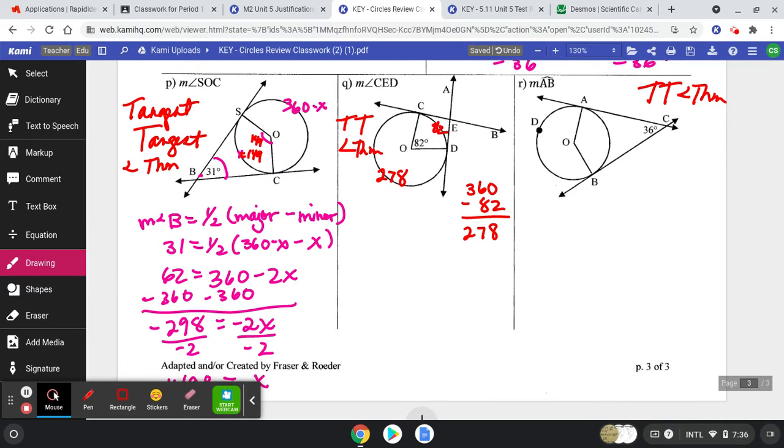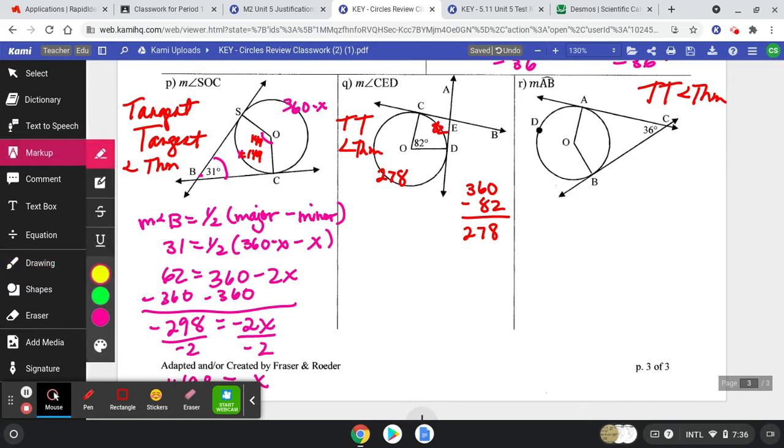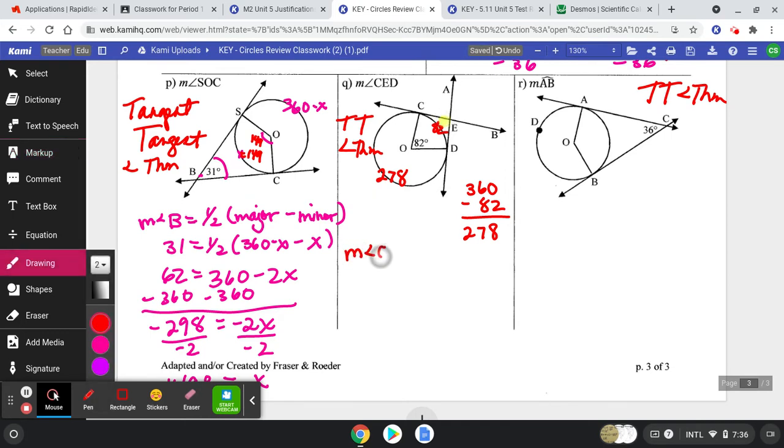So it wants CED, this angle right here. And so the rule says the measure of angle CED is equal to half the measure of the major minus the minor arc, big minus little.